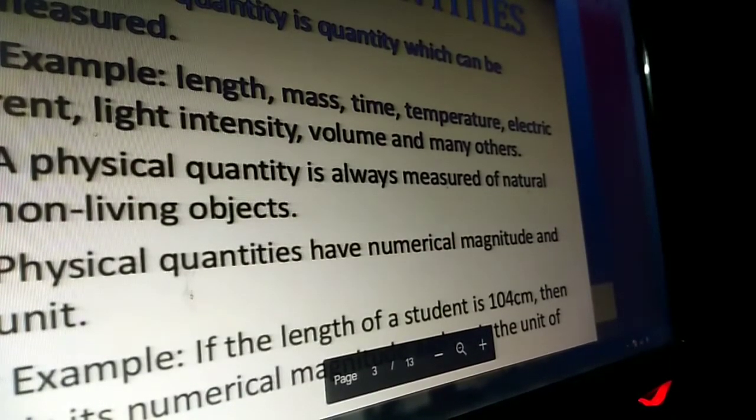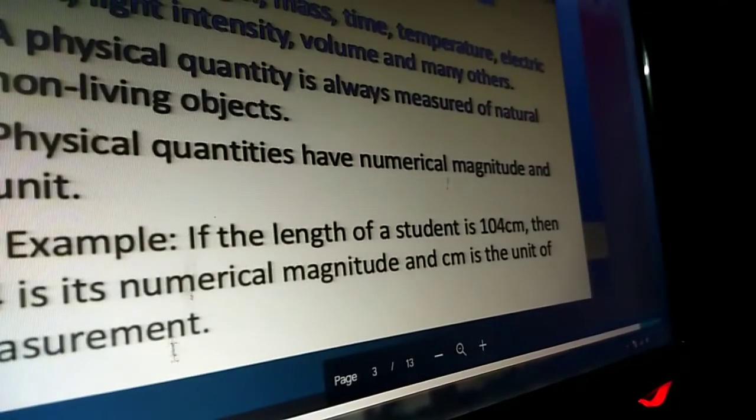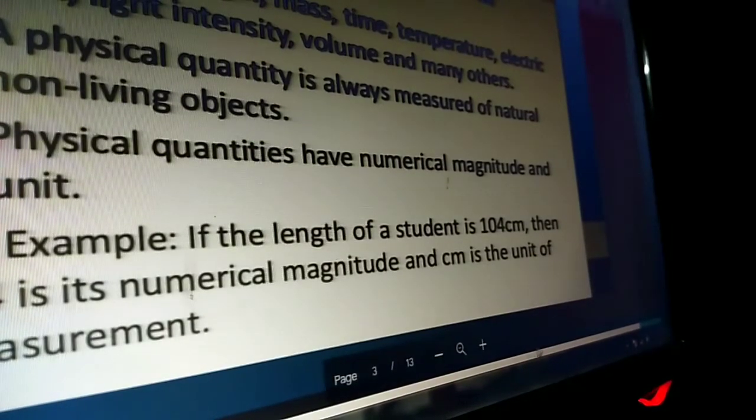For example, if you want to measure the length of a student, say 104 centimeters, then 104 is the numerical value, called magnitude, and centimeter is the unit, the standard known quantity. Together, 104 centimeters describes the length of the student. So it is called measurement.